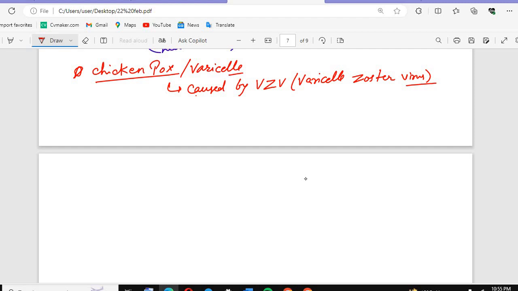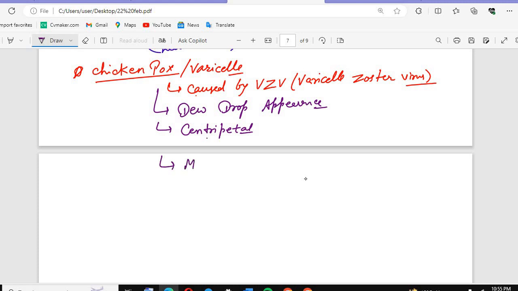In chicken pox, a very, very important keyword is dewdrop appearance. What is that? Dewdrop appearance will be seen in case of chicken pox. What is the distribution for this condition? That will be the centripetal distribution.